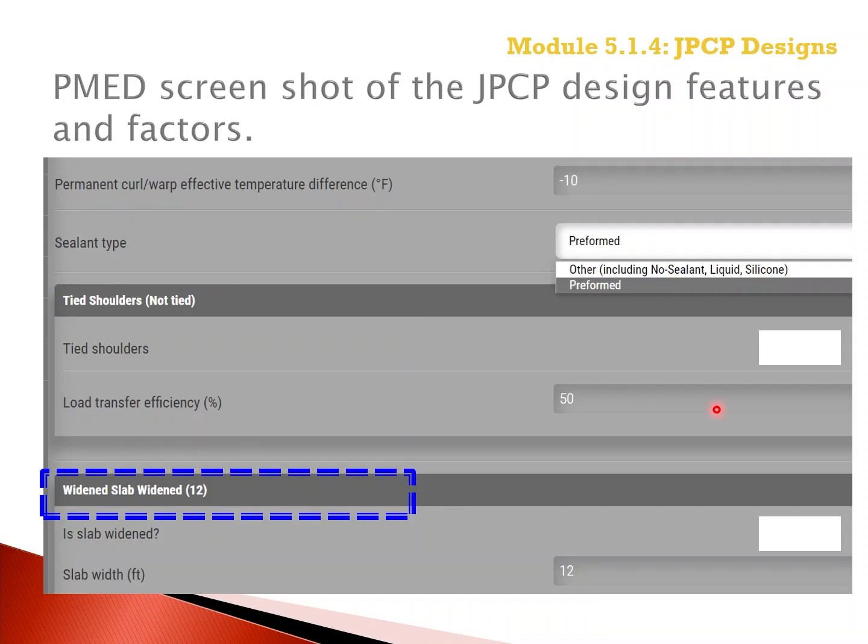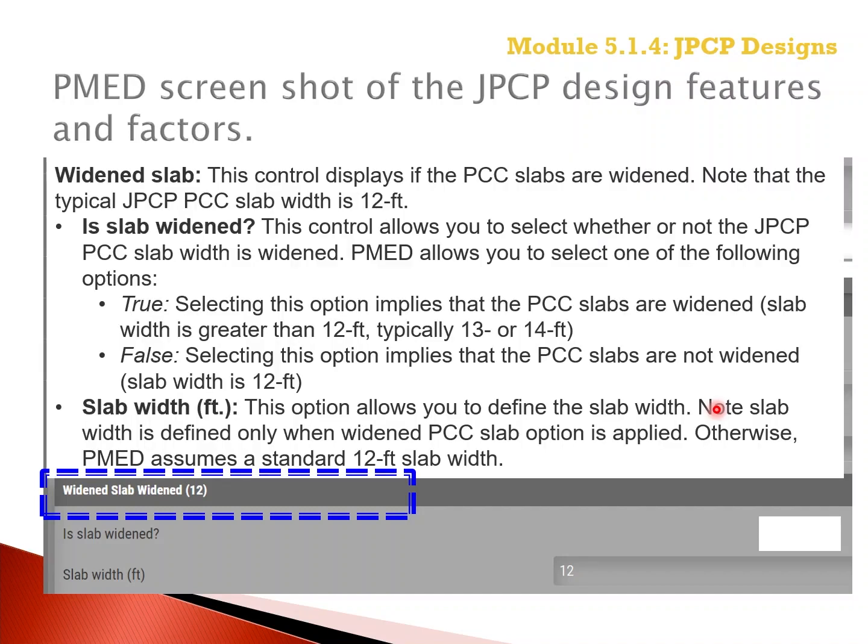Next design feature is widened slabs. This control displays if the PCC slabs are widened. In other words, the edge of the PCC slab extends beyond the edge stripe, if there is an edge stripe. The default value included in the software for the PCC slab is 12 feet.